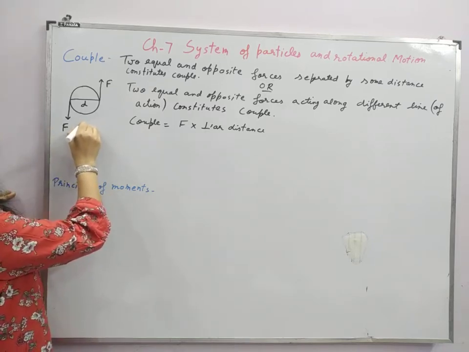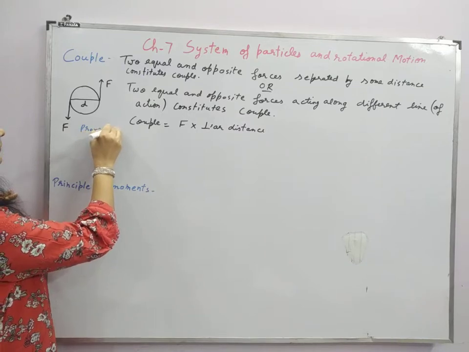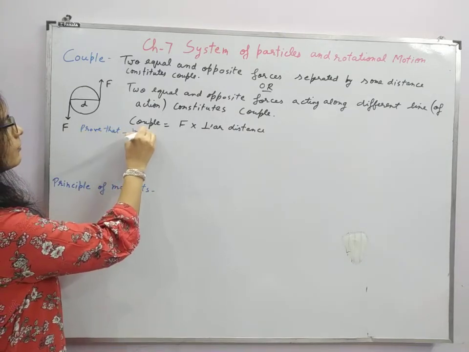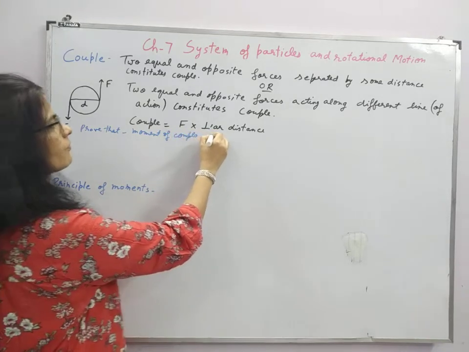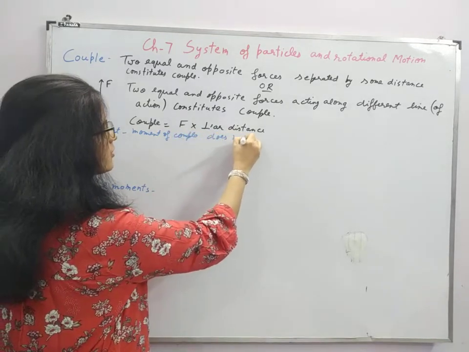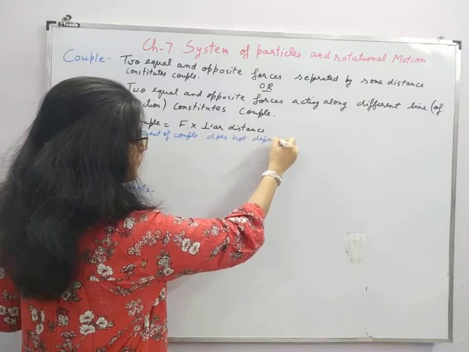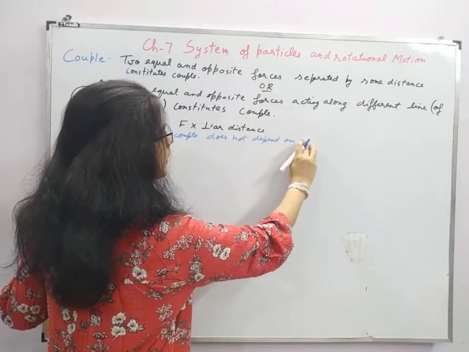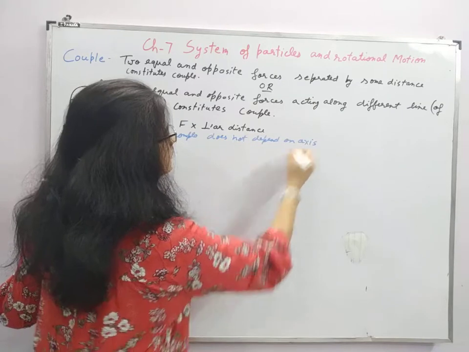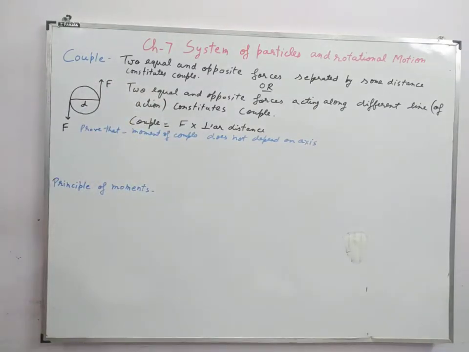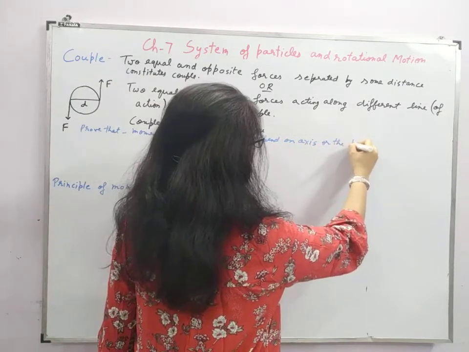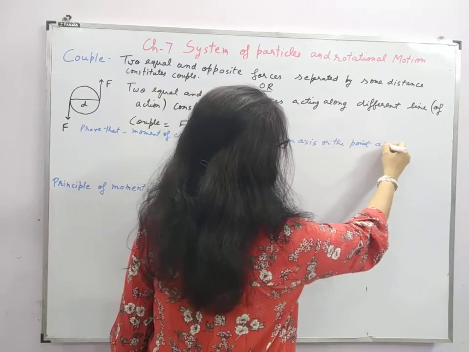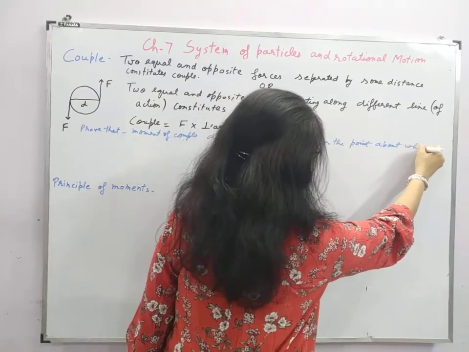So we have to prove that the moment of a couple does not depend on the axis or the point about which we take moments.